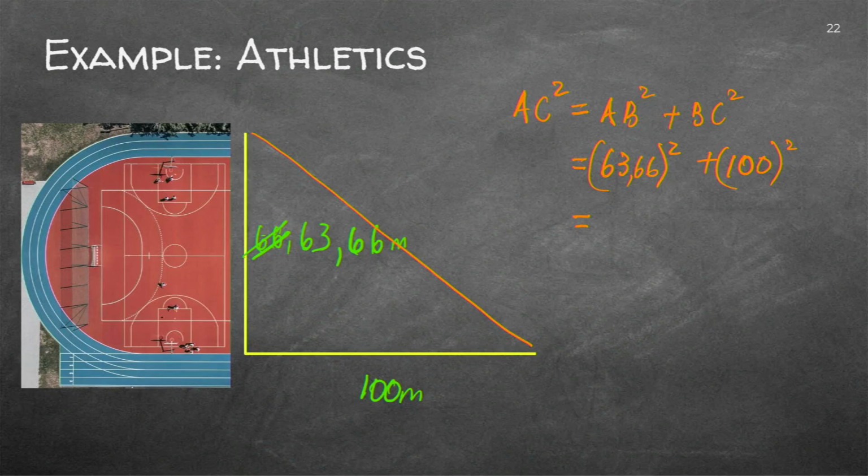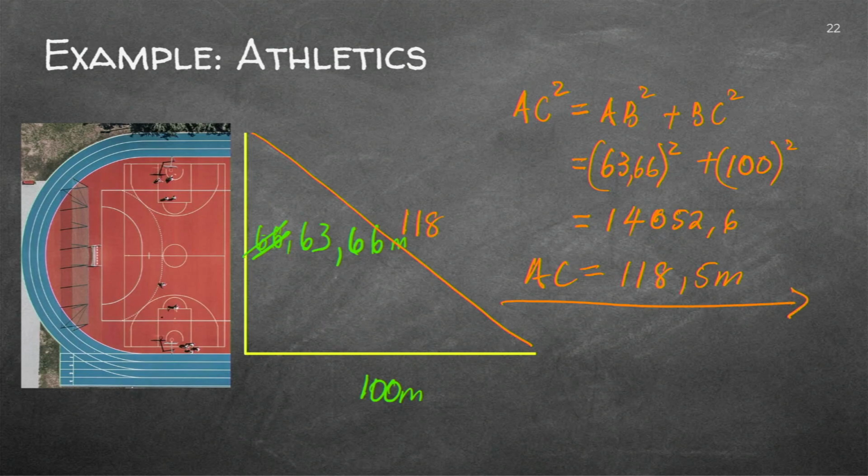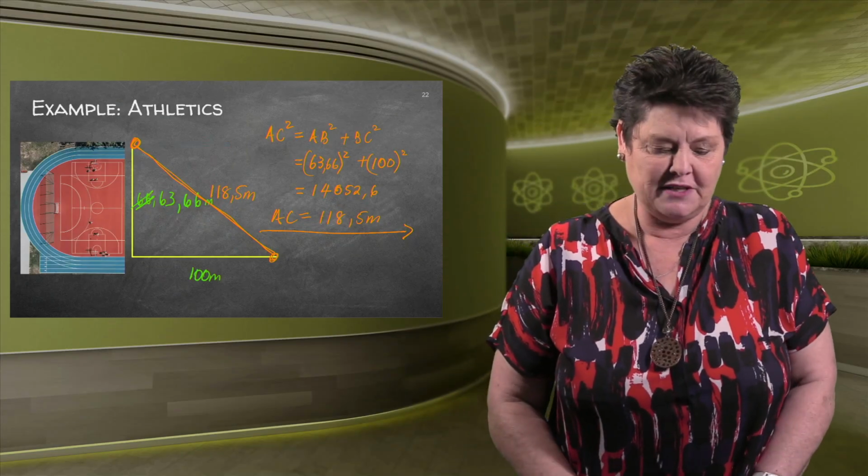Well, I found AC squared as 14,052 approximately, and AC has a value of 118.54 meters. Can you see that this is much shorter than the 200 meters? So if you started there and ran across the field, you would have only covered 118.5 meters.